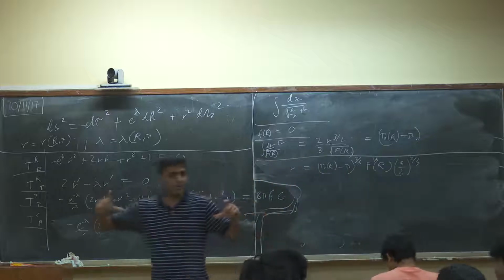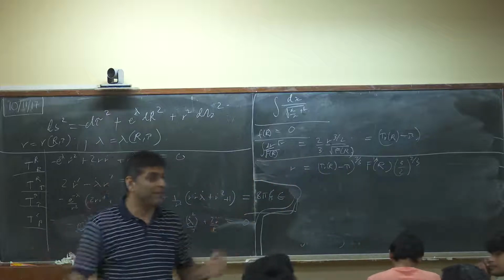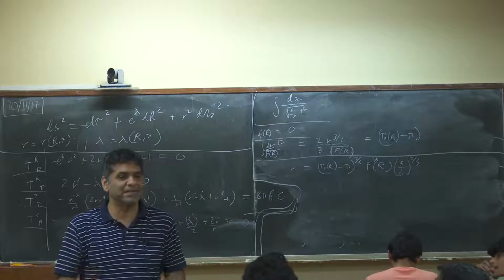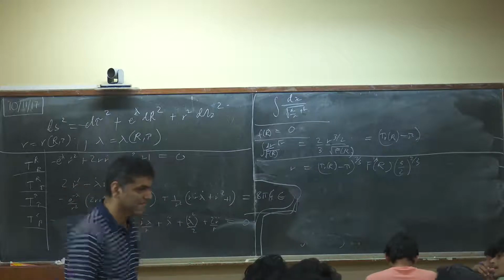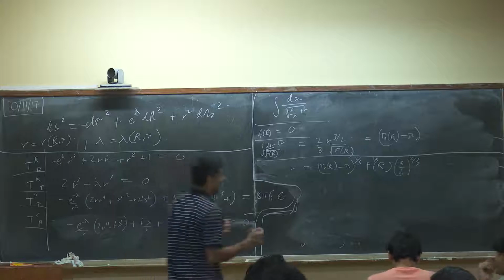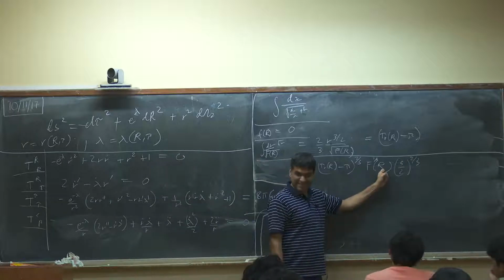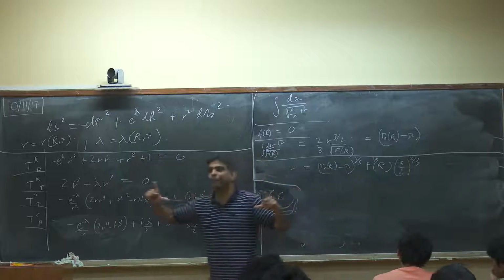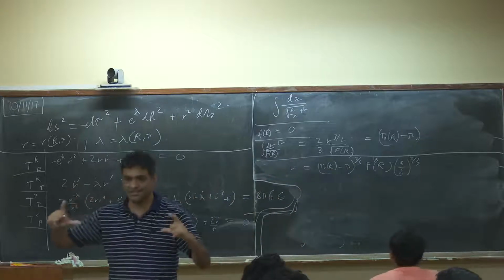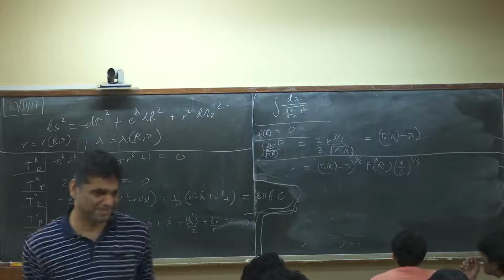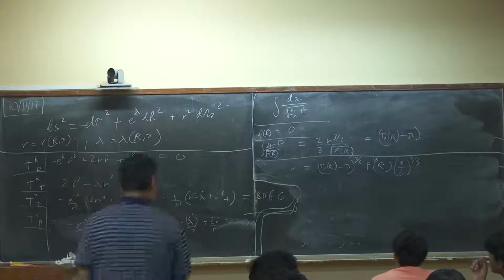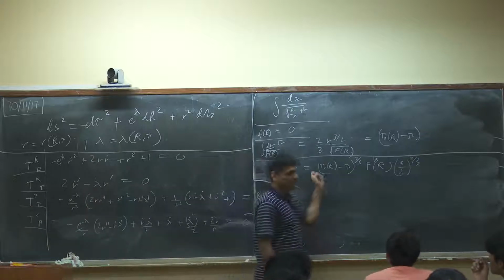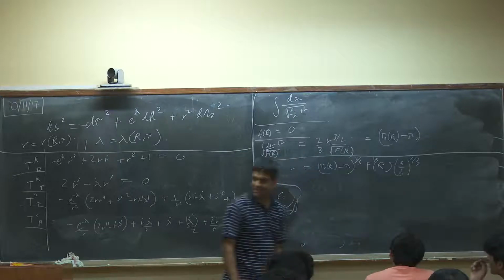It tells you about the motion. Remember, what we were doing was sitting on a particular shell of dust. Capital R labels a particular shell of dust. So if we keep capital R fixed, then the tau dependence gives us the motion of the physical radius of that shell of dust.